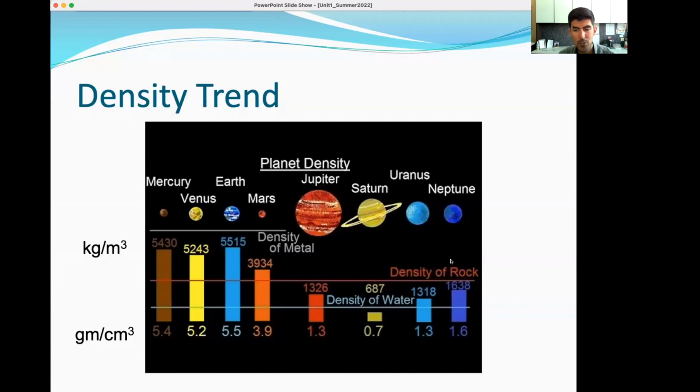Moving out into the outer solar system, though, we see densities that are even less than that of water because we're dealing with gas. They do have rocky cores, possibly iron cores, but that ultimately does not contribute as much mass as would be needed to have a density like that in the outer solar system.